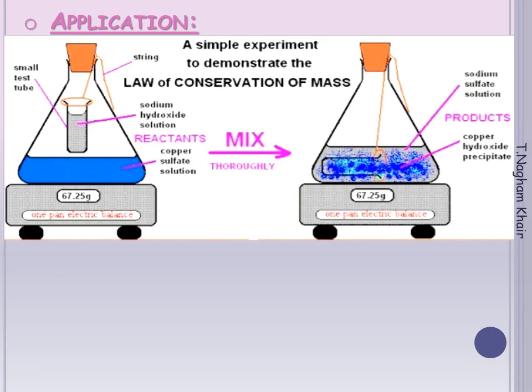After mixing, after adding sodium hydroxide over copper sulfate, the mass also remains 67.25 grams. What happens when we add sodium hydroxide to copper sulfate? A chemical reaction occurs and the products formed are sodium sulfate and copper hydroxide.